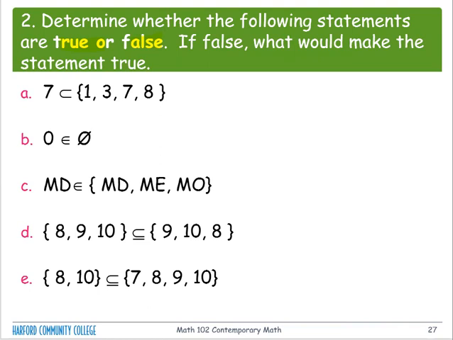So make a note here: 7 is an element or member, and the right-hand side is a set. The notation that we use here is not appropriate, so we can say this is false. The true statement should be 7 is a member of the set of 1, 3, 7, and 8.